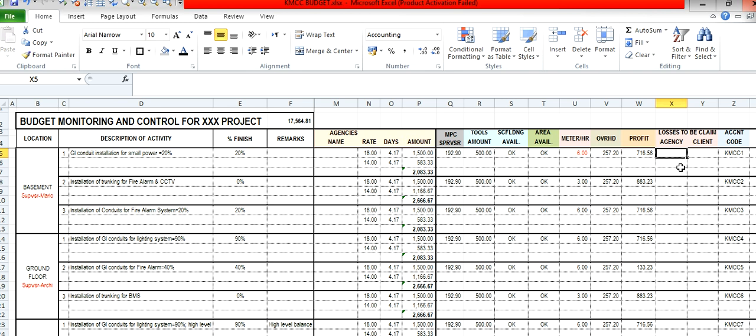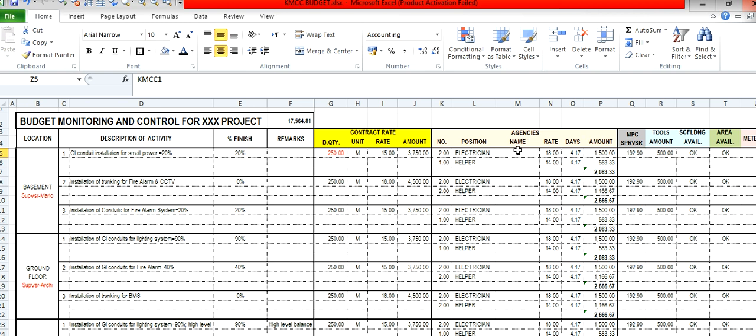That's why I'm implementing daily monitoring by name. So this account will be charged to each activity. These people, this agency, we will charge only according to this activity. We cannot let him do whatever he wants, but we have to specifically charge him to a particular activity.